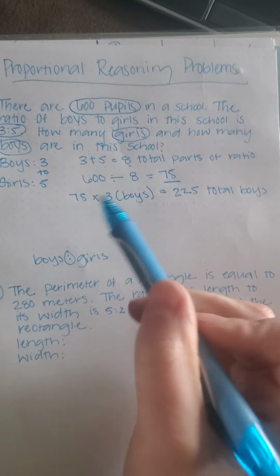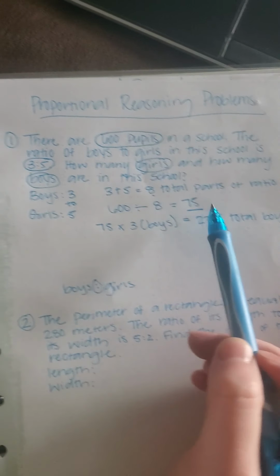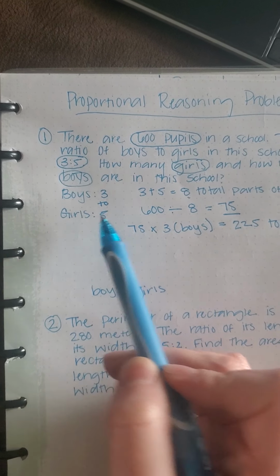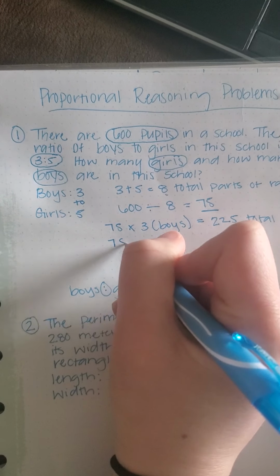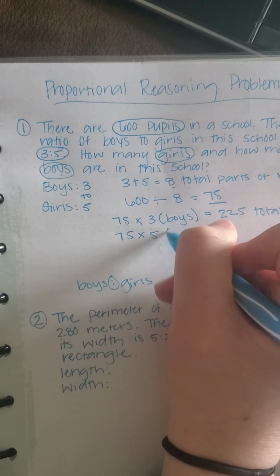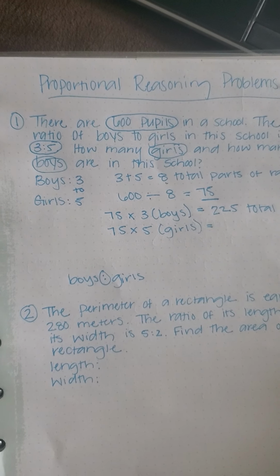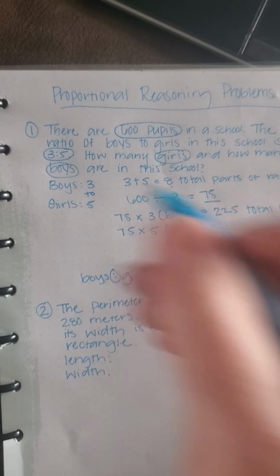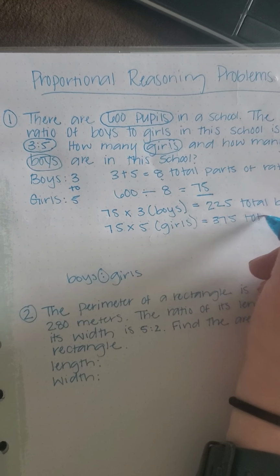Now we're going to do the same for girls. We take our 75 and multiply it by the ratio portion for the girls, which is 5. So 75 times 5 is equal to, who can tell me? Very good, 375 for total girls.